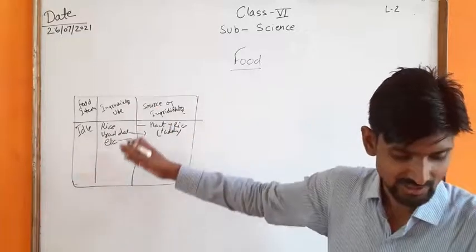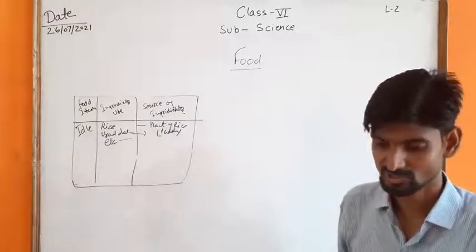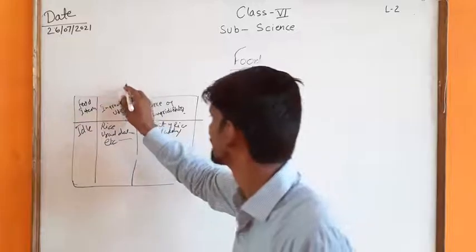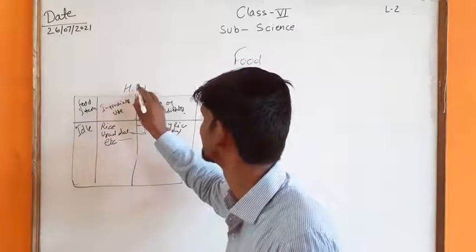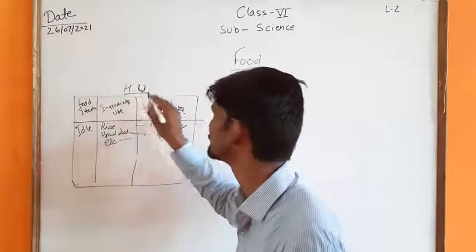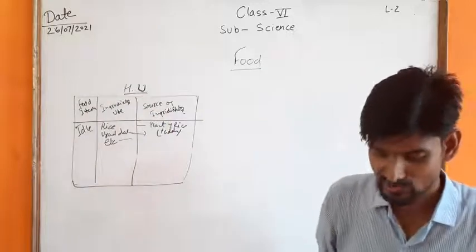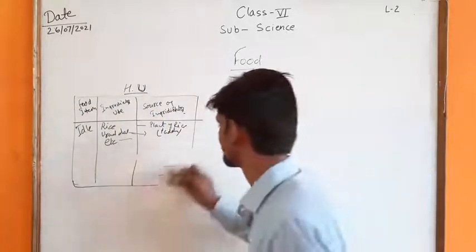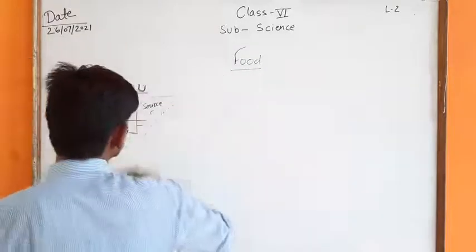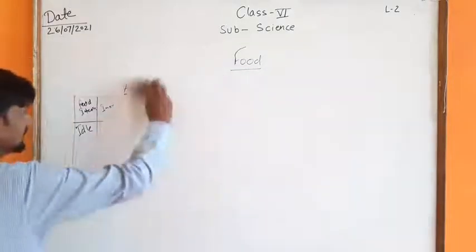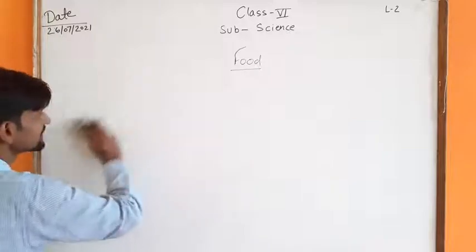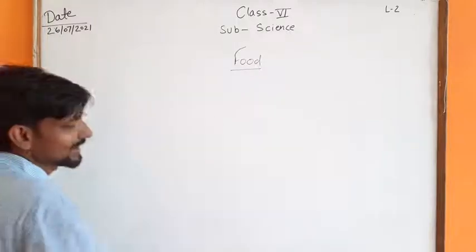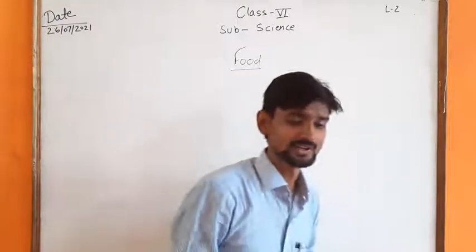You have to prepare these tables. This is the homework for you. It's an activity given in your textbook and you have to do it. Without activity you cannot get the knowledge of science. So if you are learning science, we have to be ready to do activity.